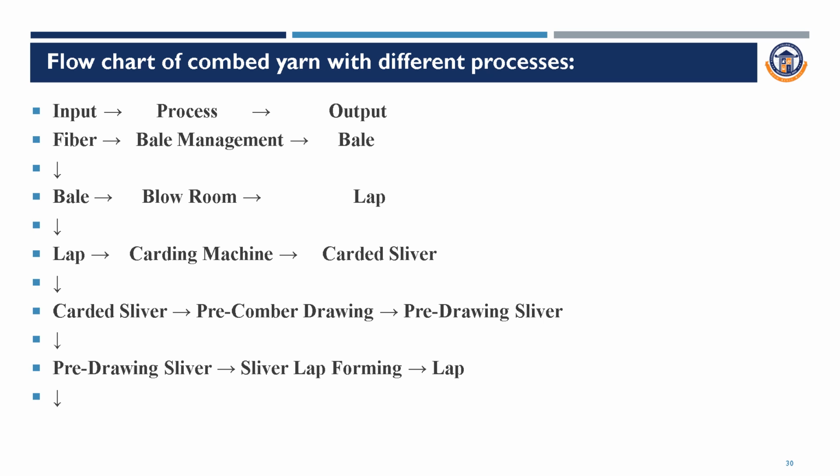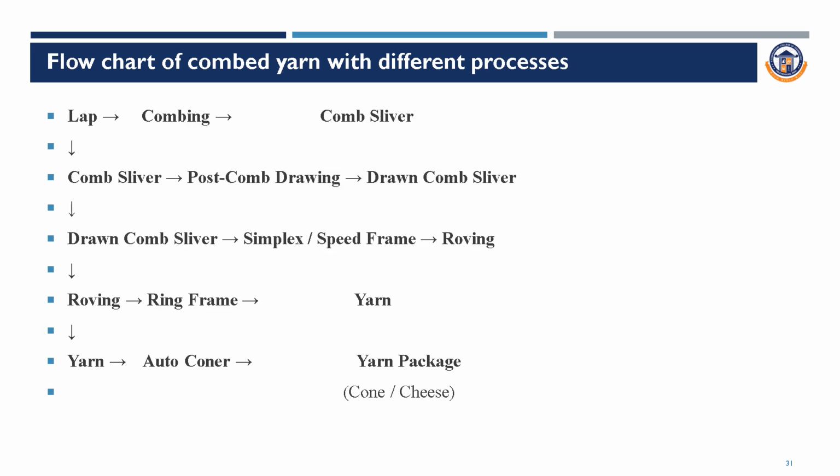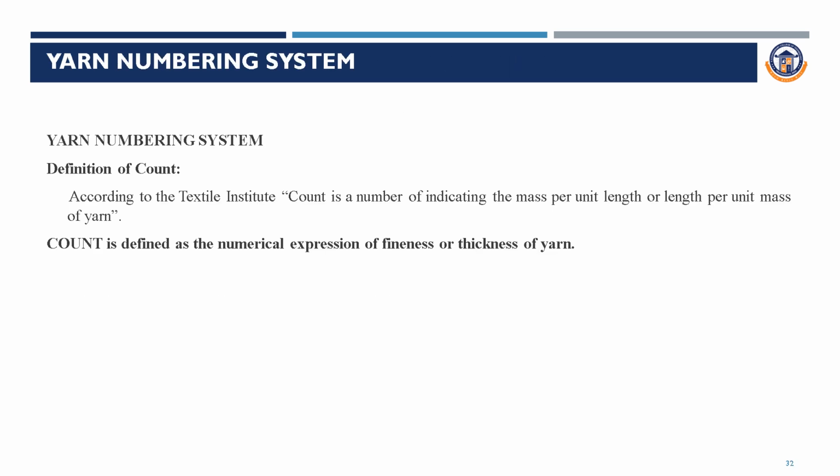Next, we see the flow chart for the combed yarn process: input fiber, bale, lap, carded sliver, and pre-drawing sliver. Next, the lap, combing sliver, draw comb sliver, roving, and yarn. This is the sequence for combed yarn systems.